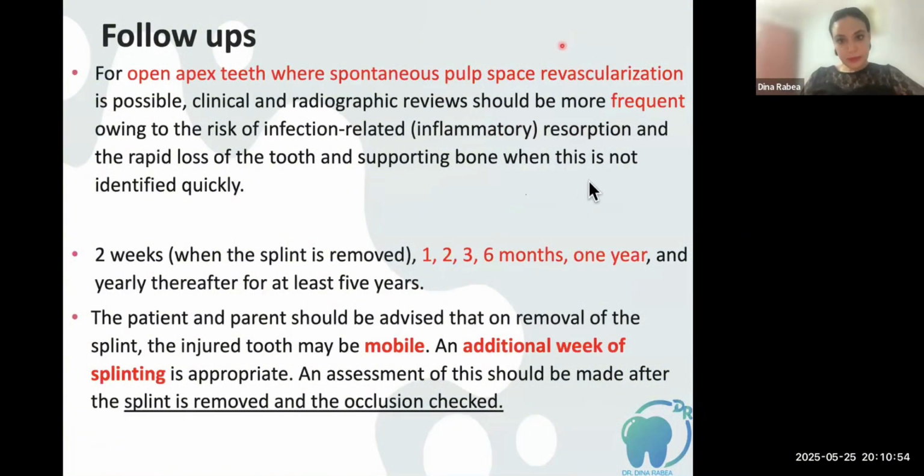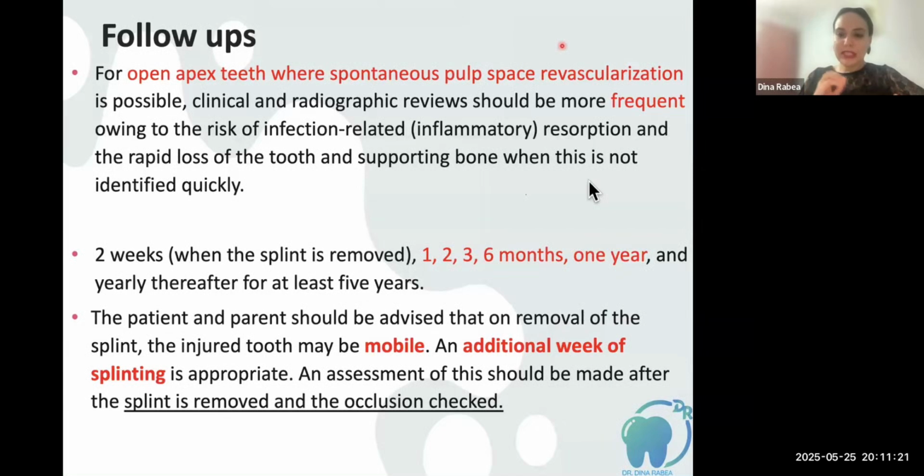For the follow-ups, again, for open APCs, most of the time the scenario goes better than closed APCs, but the problem with open APCs is the capability of these teeth to accept a lot of blood supply, undifferentiated mesenchymal cells, and osteoclastic differentiation, and this can happen very fast, including causing inflammatory infection-related root resorption.